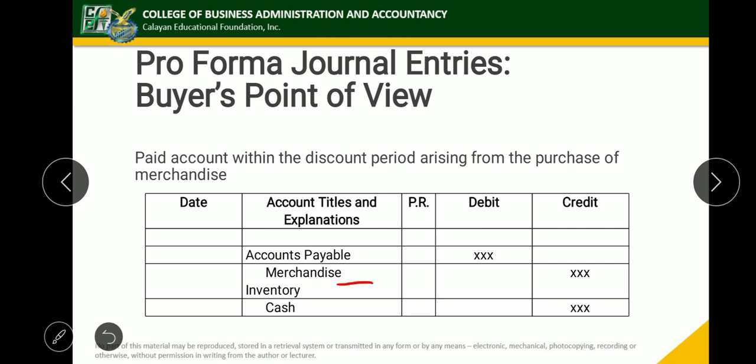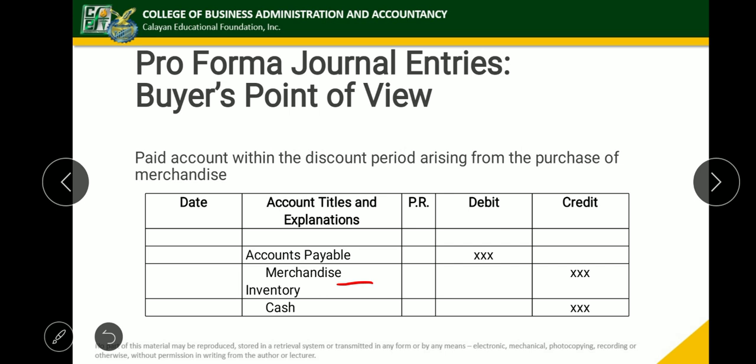So, debit accounts payable, babawasan natin yung ating utang, and bawasan din natin yung inventory account natin kasi hindi siya actually lumabas sa area natin or sa business natin. Pero yung amount niya, bababaan natin kasi merchandise inventories are always recorded at cost.